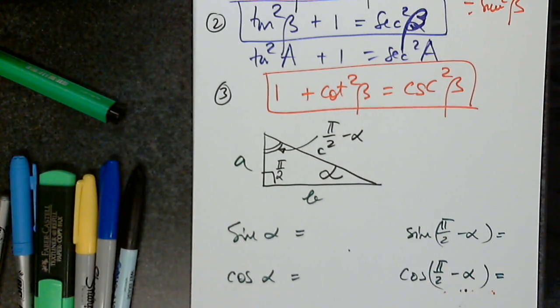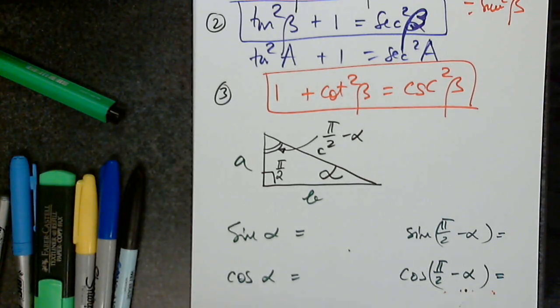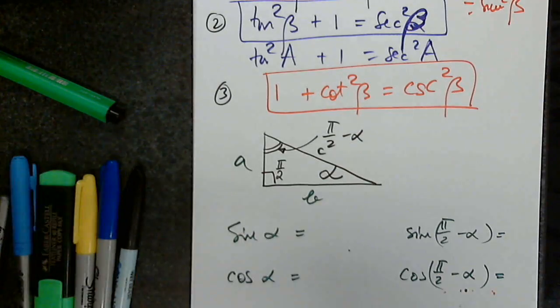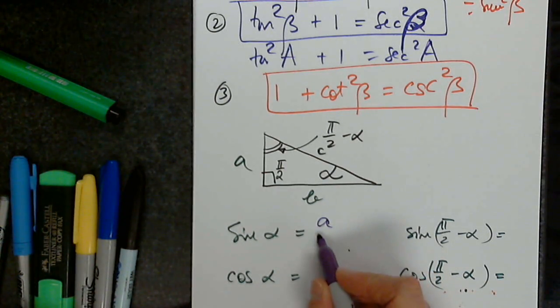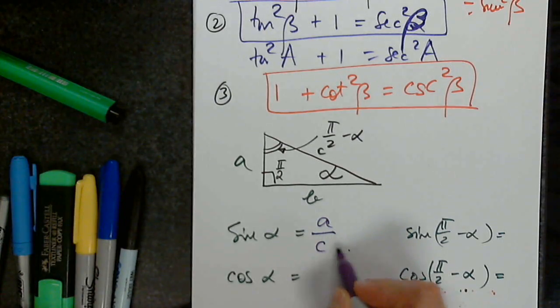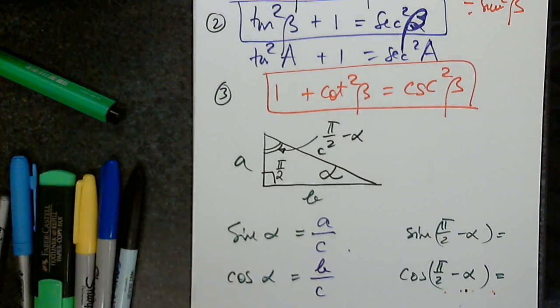We have the sides. Let's establish what sine alpha is. Opposite. Oh, good. So please give me the ratio. A over C. Excellent. Can anyone give us cosine alpha? Excellent.